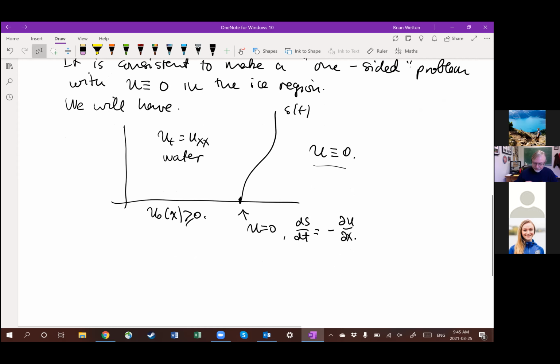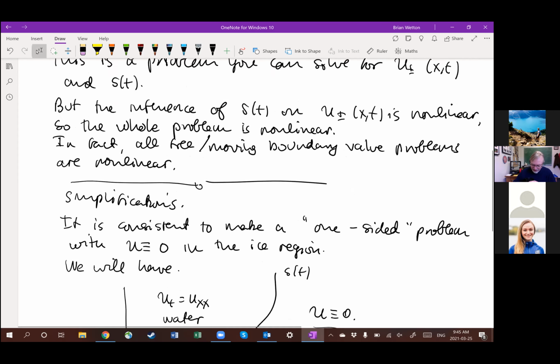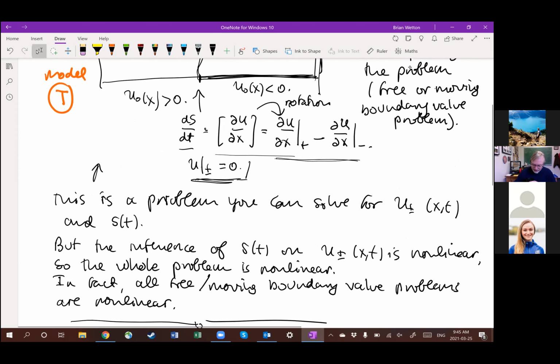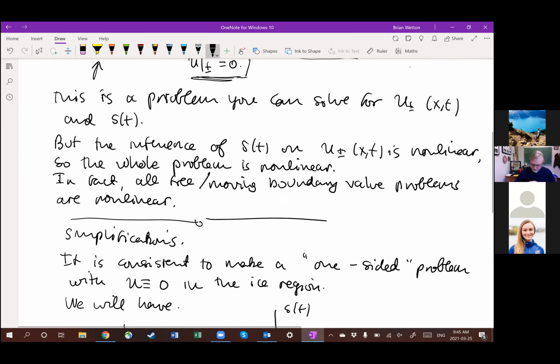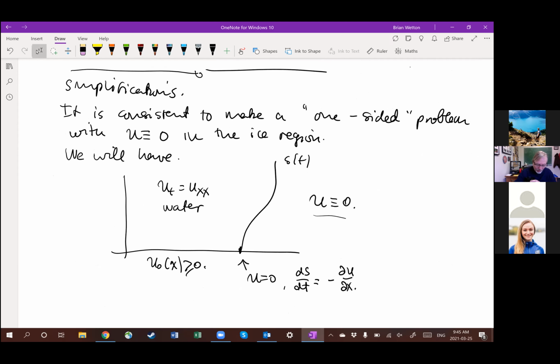Okay, so it's a little bit subtle to remember all the details from last time, but remember we scaled the temperature so that we could have this expression here with easy units. Oh, and by the way, this was model T before, this is model 1 for one-sided.